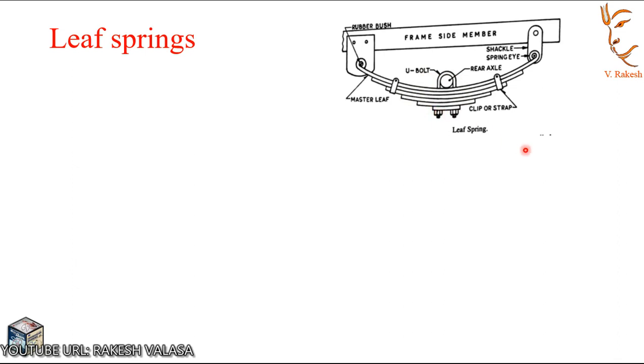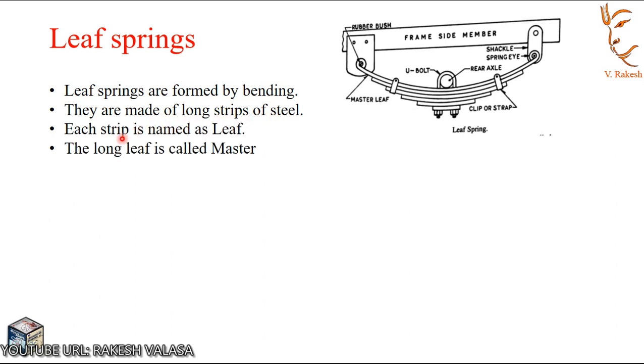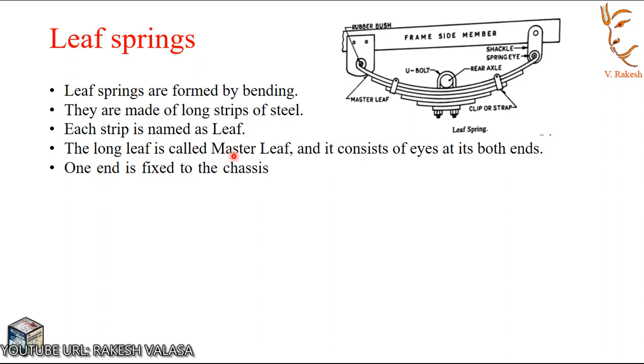Let us see the important points in leaf springs. Leaf springs are formed by bending. They are made of long strips of steel. Each strip is named as leaf. The long leaf is called master leaf.